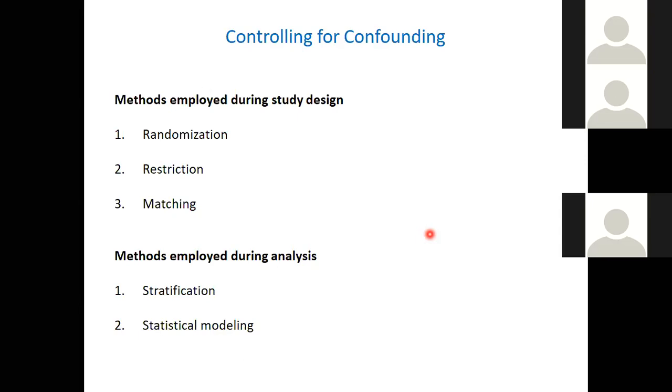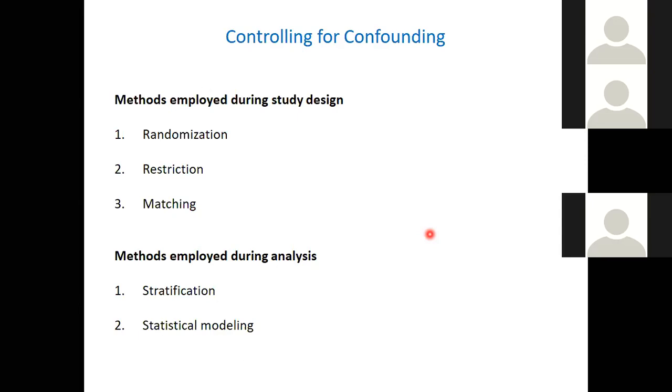In that case, you have a match. Meaning the confounder is the same on both sides, so the effect is even on both sides. Those are the methods you use during the design stage when you are starting your study.